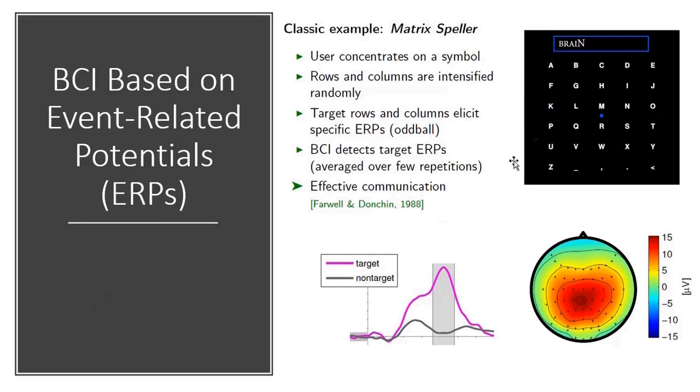And the task of BCI is to detect these event-related potentials. So they look like this. For instance, you're looking at N, and then the brain response will look like the following: a positive wave happening around 300 milliseconds. In contrast, the non-target brain response will be of lower amplitude.